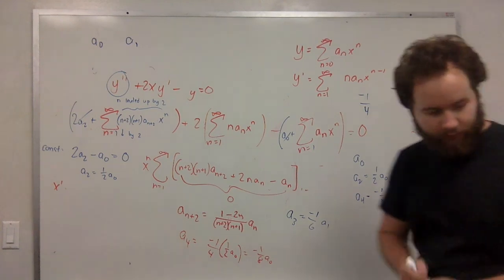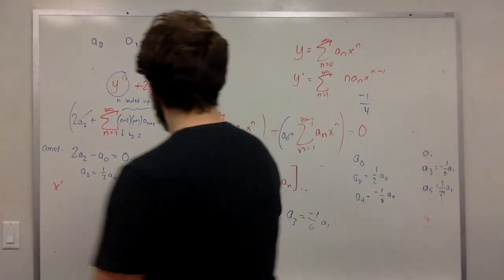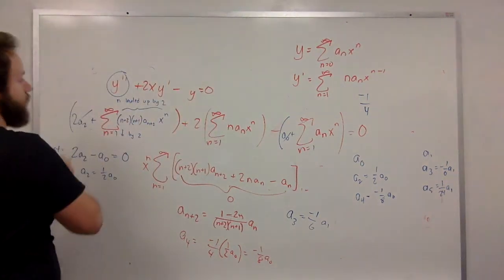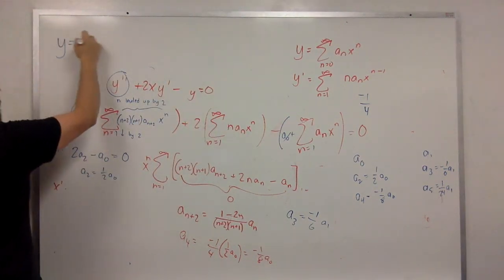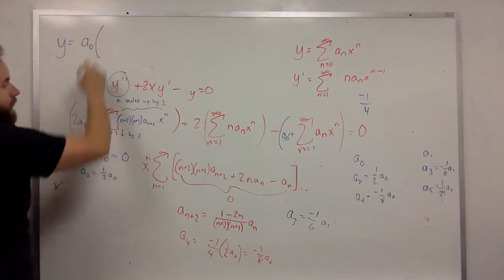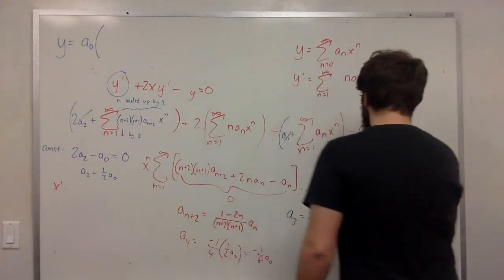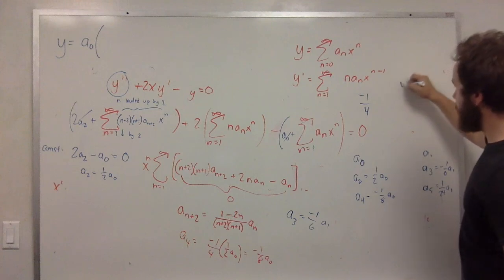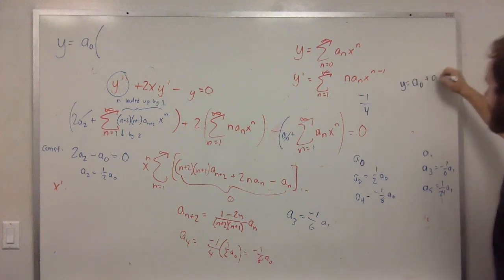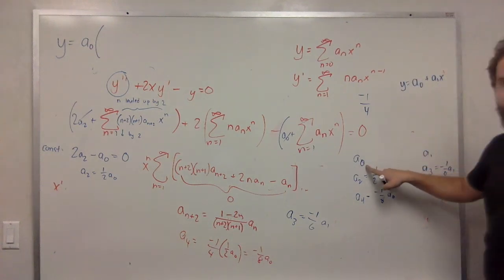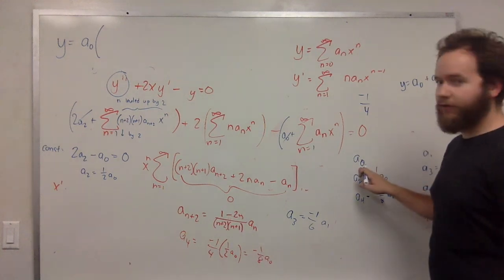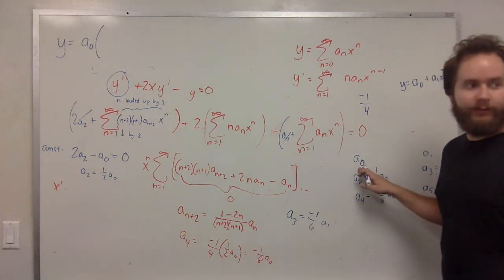So what will my series look like? Here's what it's going to look like. y equals a0. A0 is the constant coefficient, right? Because when you're looking at the power series, y equals, you see a0 plus a1x, right? So a0 is just, when I factor a0 out of a0 times 1, what do I get?